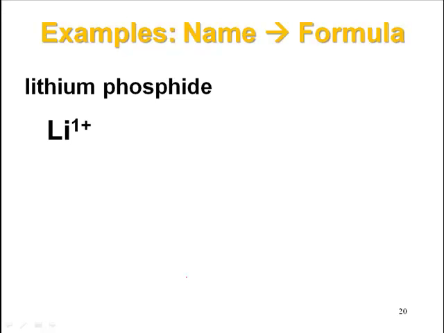Phosphide. What group is phosphide on in the periodic table? 5. The way I remember that is if I look at phosphorus right now, in order for it to become phosphide, it has to gain 1, 2, 3 electrons.